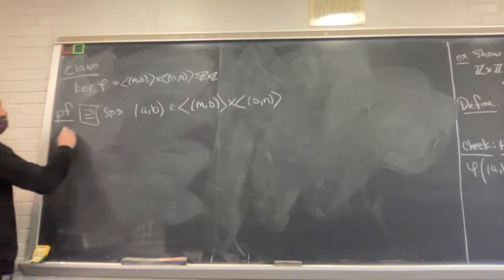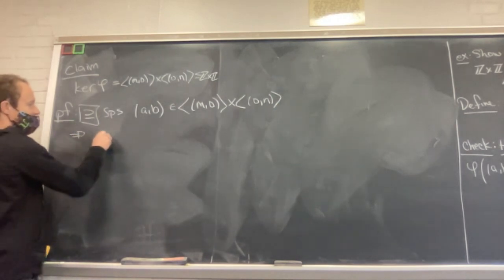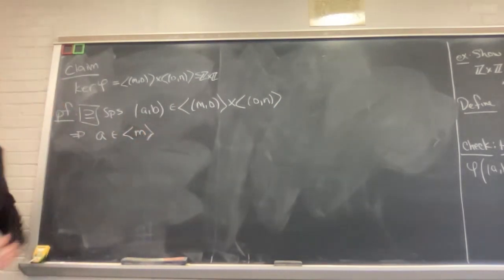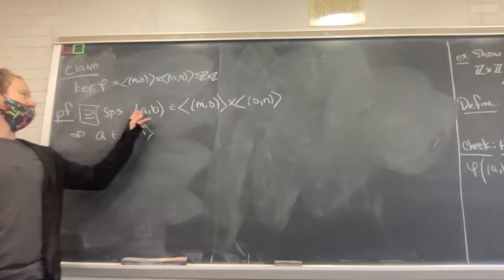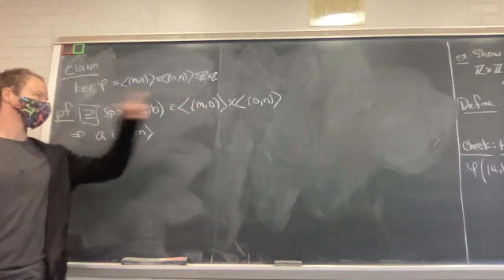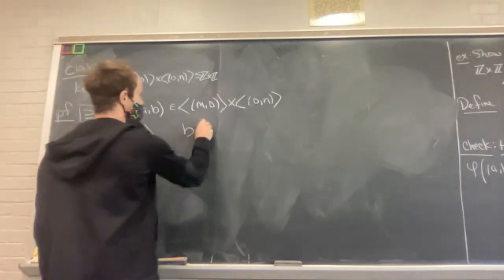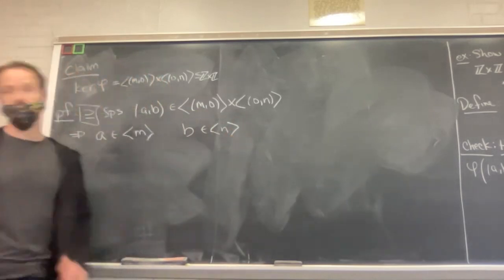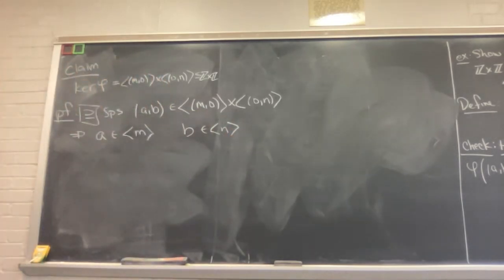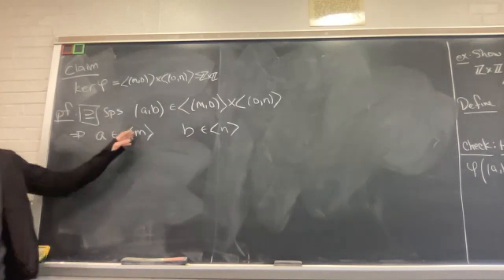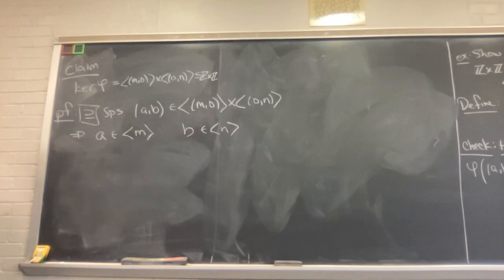Well, what does that mean? That means by definition that little a is in the cyclic subgroup generated by m, right? Notice that the a entry is the first entry, and the first entry is the one that's generated by m. And then that means that b is in the cyclic subgroup generated by n, because it's the second entry. Being inside this cyclic subgroup means that it's a multiple of m. Remember, this cyclic subgroup is like m, m plus m, m plus m plus m, and so on.